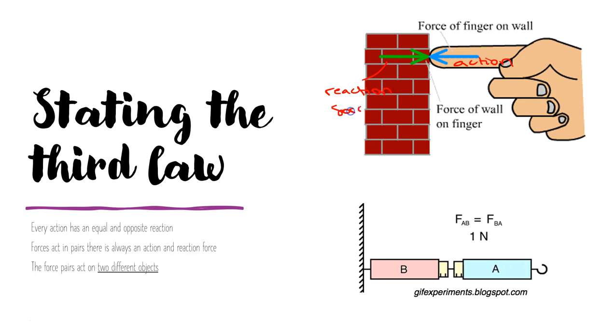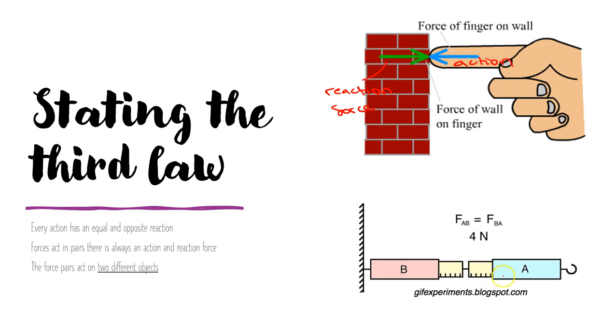Okay, we know that these forces exist, as we talked about when we first talked about forces, because our finger doesn't push through into the wall. So as much as we're pushing against the wall must be pushing back against us to stop our finger from moving in. This little animation down here illustrates that quite well. This is using two different spring balances.